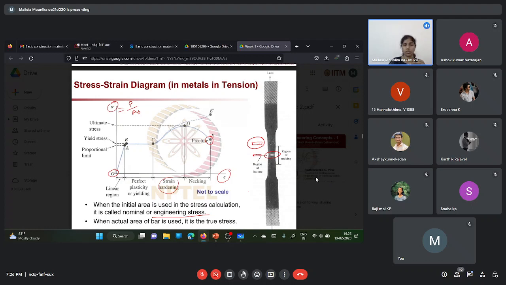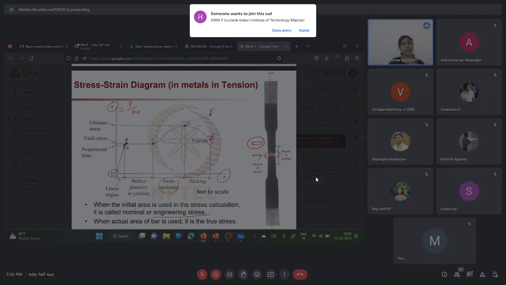So till this point, it has the elasticity property in it. But after that, it will no longer be elastic, and there will be a sudden increase of strain from this point. And after that, even though there is no increase of stress, there will be an increase in the strain.